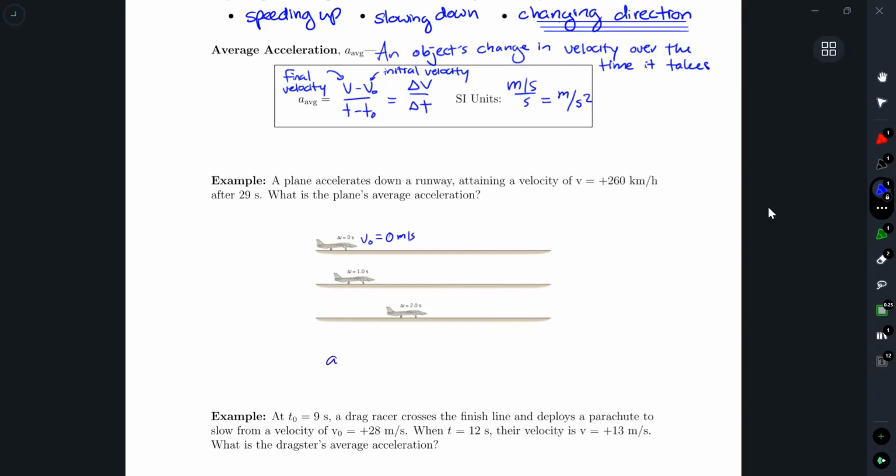And we need to calculate its average acceleration. So what would I put here? How would I calculate this? 260 minus 0 over 29 minus 0. Yep.